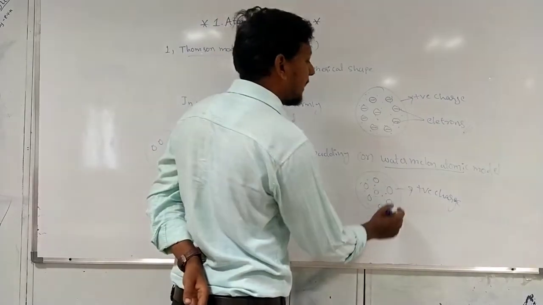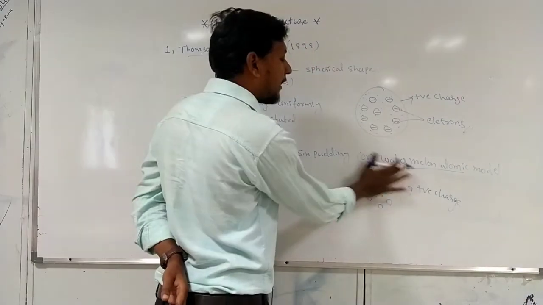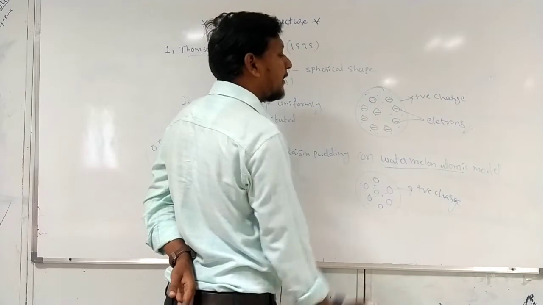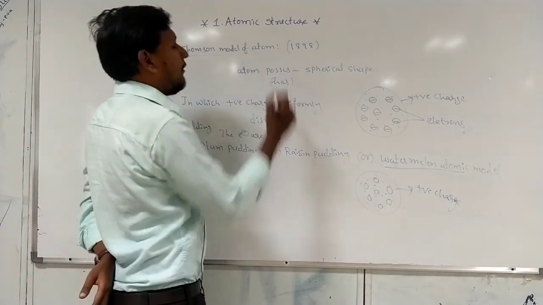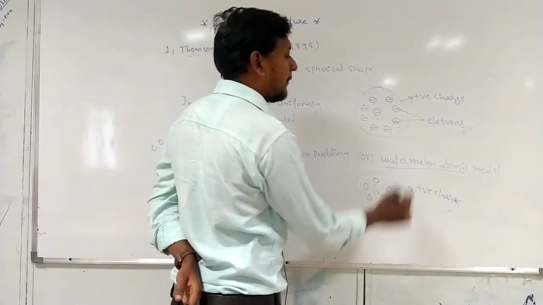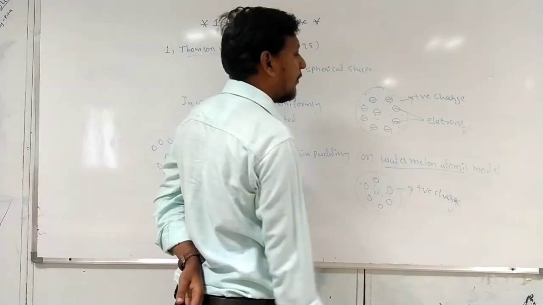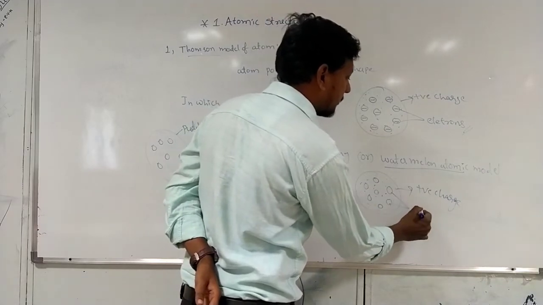Here the seeds are considered as electrons. How in a watermelon seeds are embedded, here electrons are also embedded in the Thomson model of atom. That's why this model is like a watermelon, and its name is the watermelon atomic model.